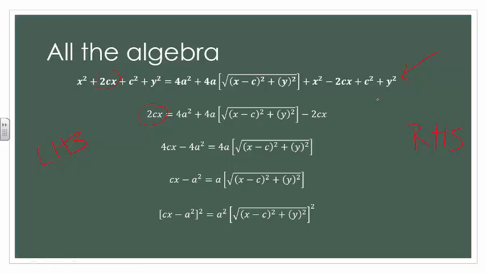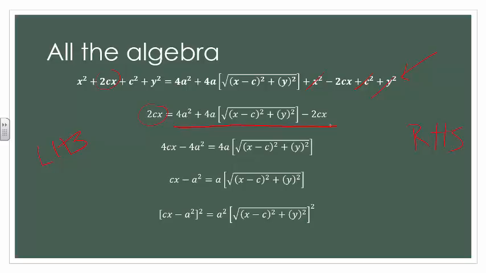That means on our right, x squared, c squared, and y squared disappear since we subtracted them on both sides. 2cx is left on our left-hand side, and on our right-hand side we are left with the quantity 4a squared plus 4a times the square root of x minus c, quantity squared, plus y squared, minus 2cx.